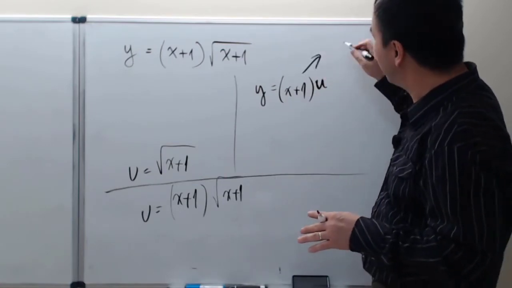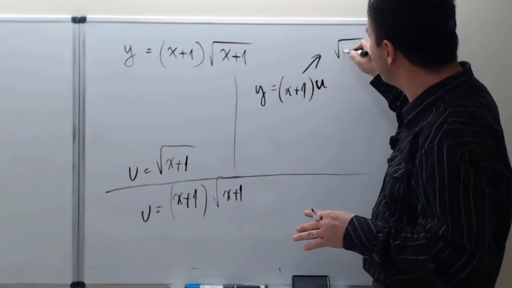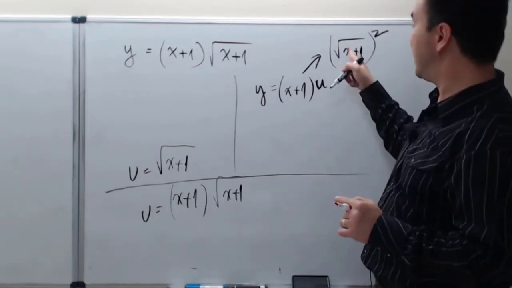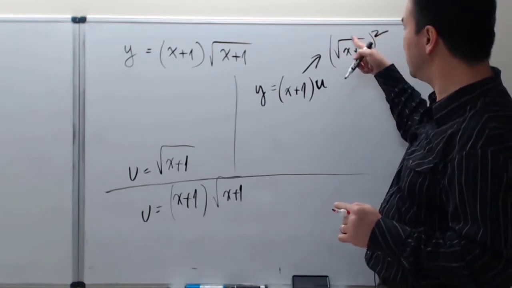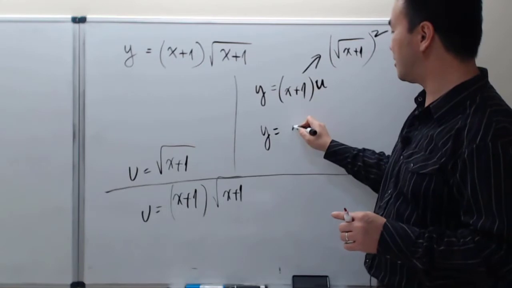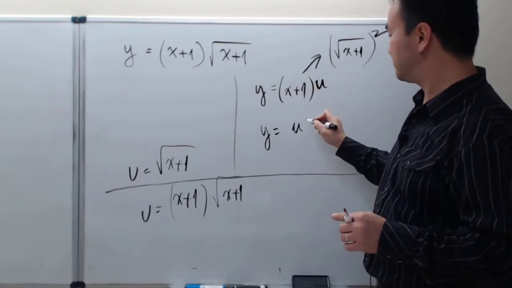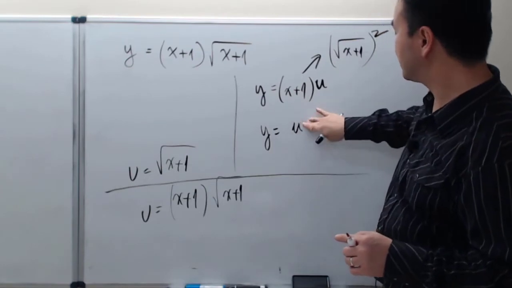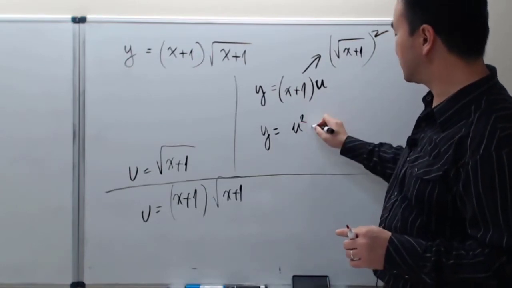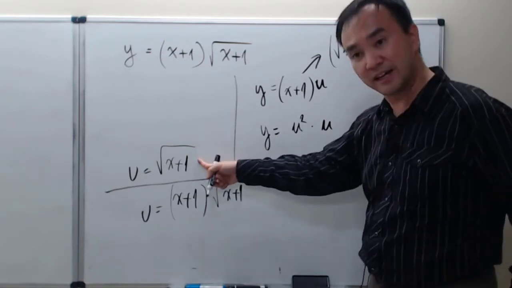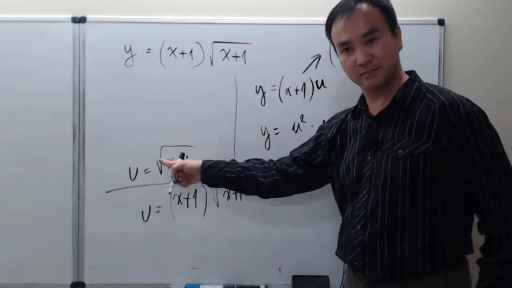But x plus 1 here can be regarded as the square root of x plus 1 being squared. Now that square root here is another u, so this is u squared. So in the end, this x plus 1 can also be regarded as u squared, for the x plus 1, but times u. So now all of a sudden we found out it's working again. So it's not such a bad substitution.